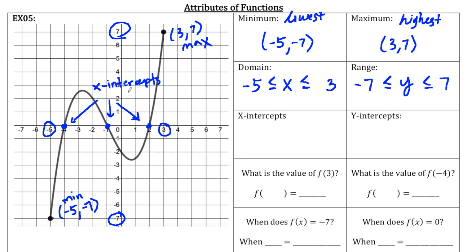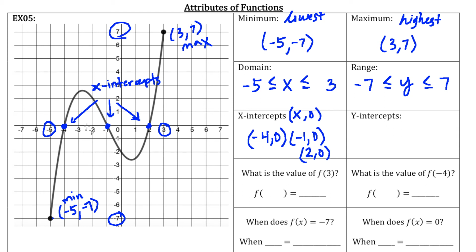In this case we have 3 x-intercepts. So -4, 0. -1, 0. And 2, 0. If you notice, for x-intercepts, the x can change, but the y is always 0.